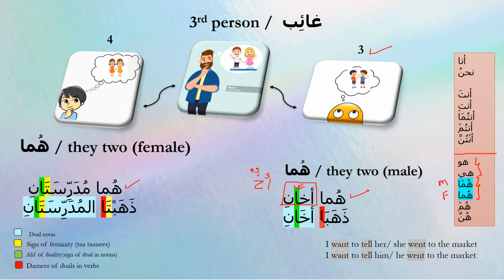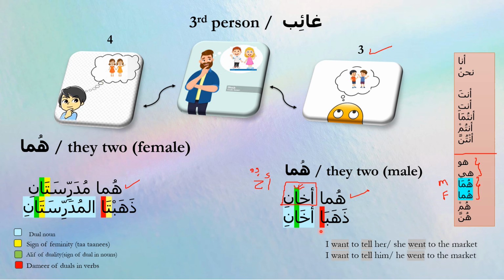This alif is the main damir that shows how many people are doing the action. So this alif damir tells you only 2 people are doing the action of going. Dhahaba akhani. Now if you hide the noun, don't see the akhani, only seeing the structure of the verb dhahaba with alif of dual, you will know how many people are doing the action of going.